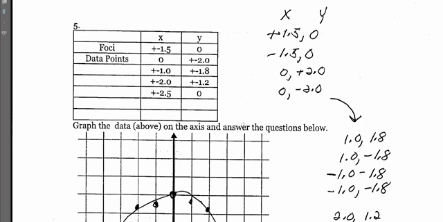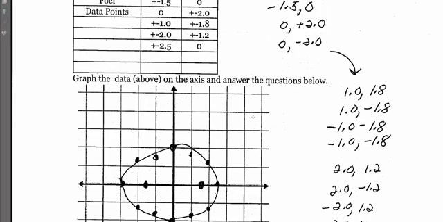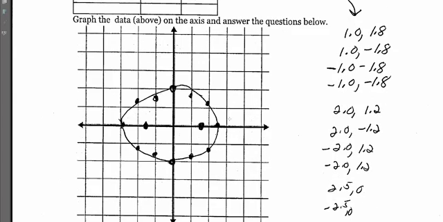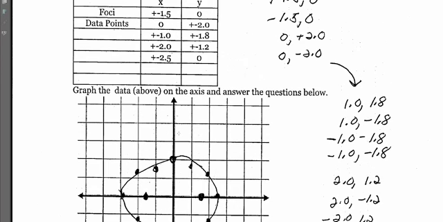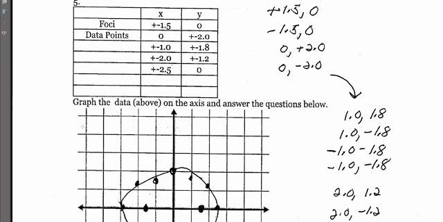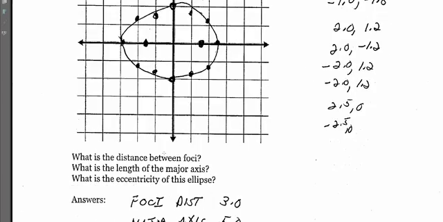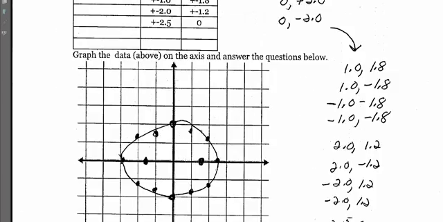The last question here was the eccentricity lab. You actually did 6 of these. And here's my little rough graph. The distance between foci is 1.5 to -1.5, which is an absolute value of 3. We need the length of the major axis.